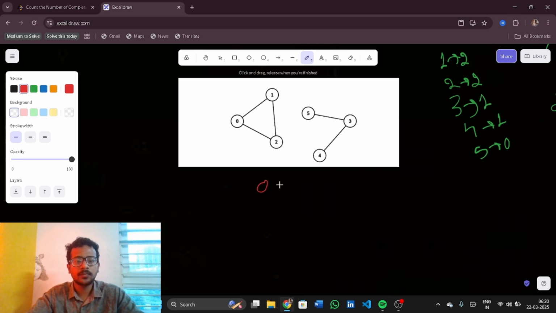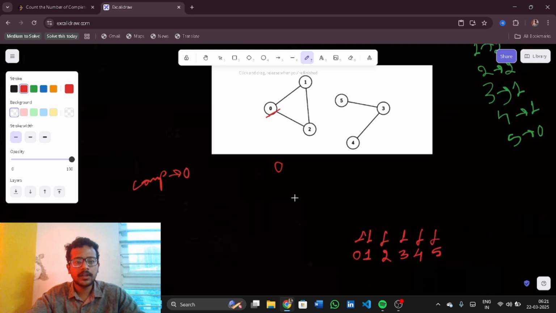Let me write the visited array: 0, 1, 2, 3, 4 and 5. Everything is initialized as false. Now I start with 0, and my component is 0 initially.